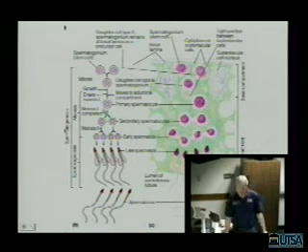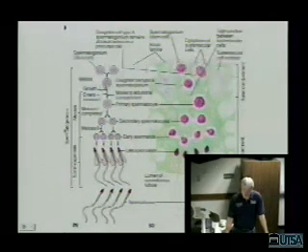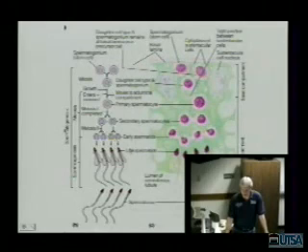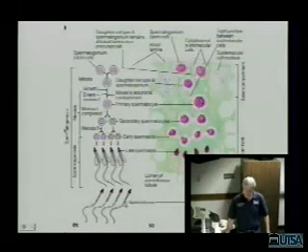Then there will be, of course, the second meiotic division forming the early spermatids. So from one daughter cell type B, we end up with 4 haploid spermatids that undergo spermiogenesis after meiosis to form the mature sperm.